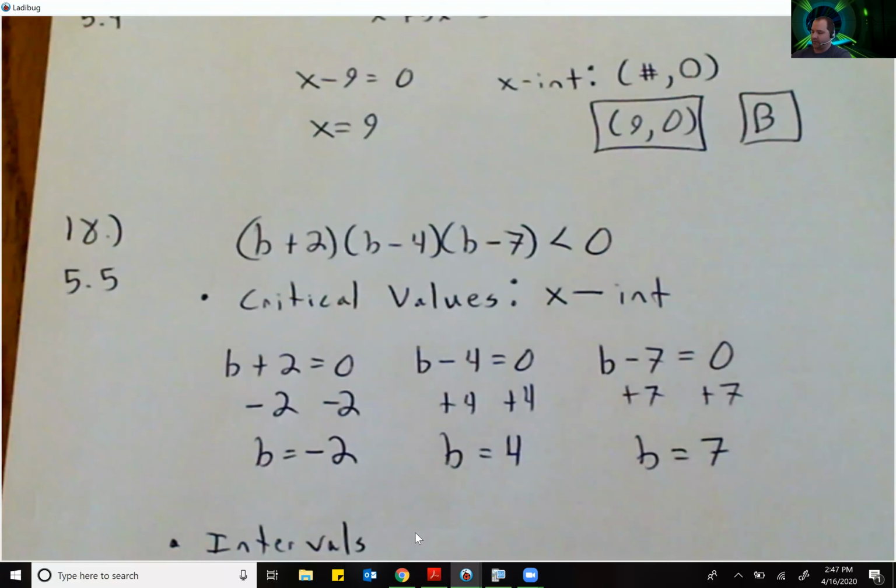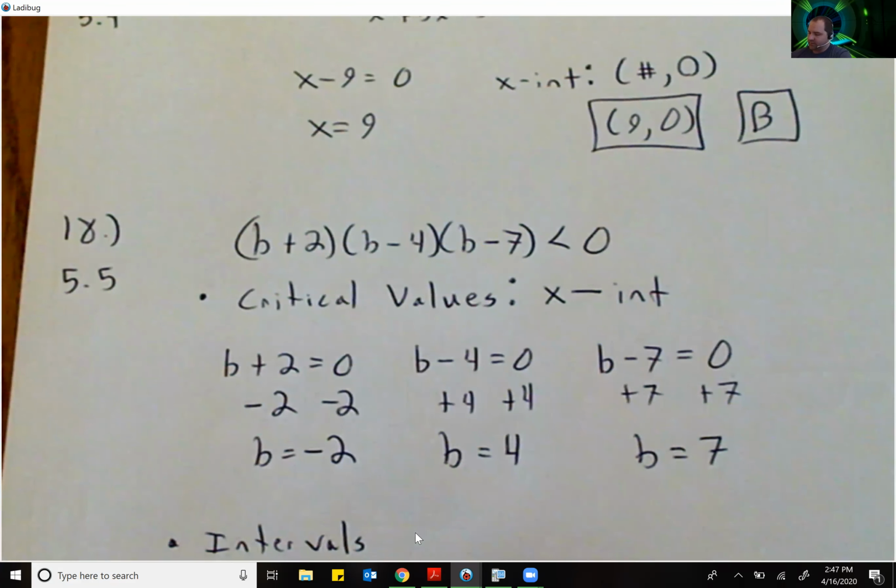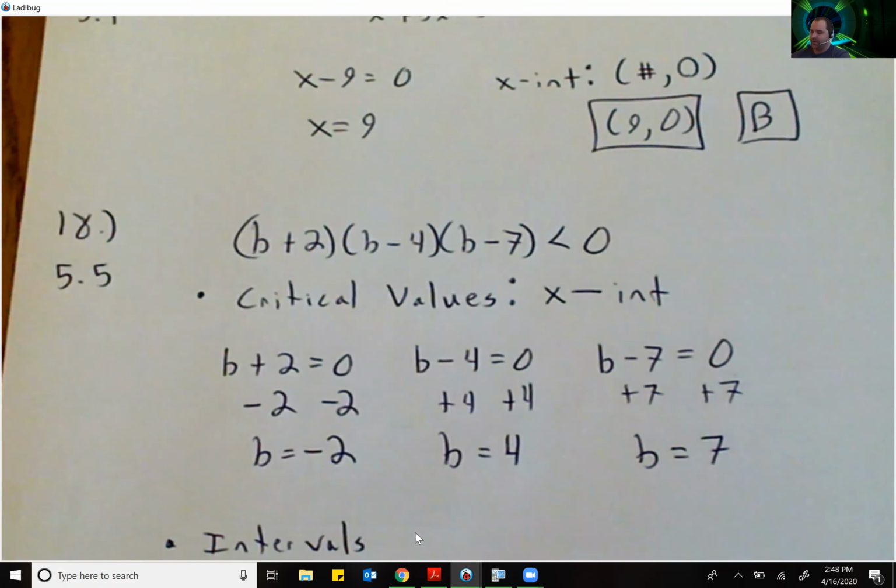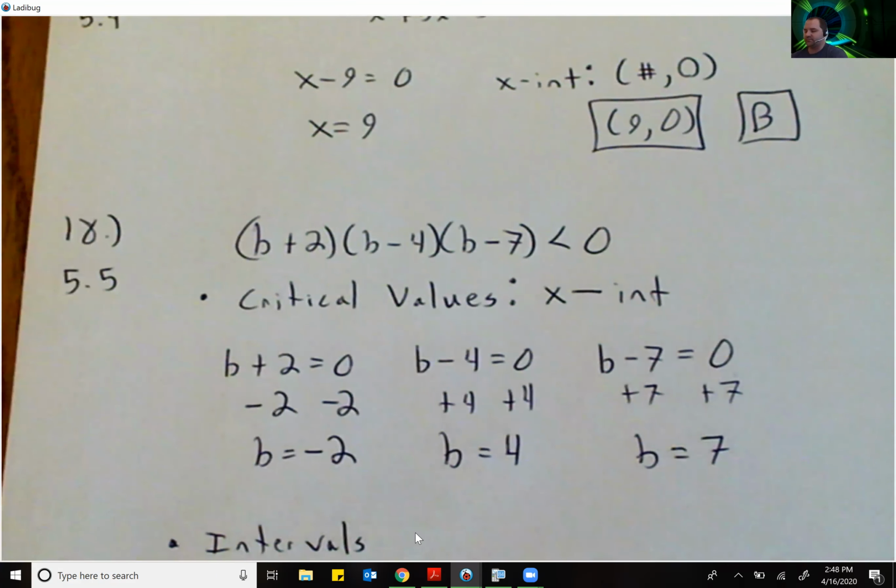And the interval above 7 is 7 to infinity. What we want to know about these intervals is, do the numbers produce positive answers or negative answers?